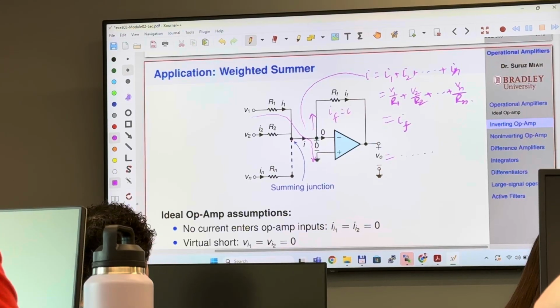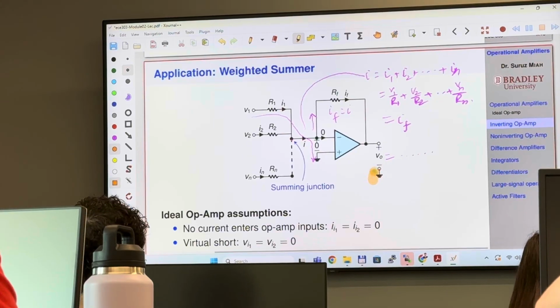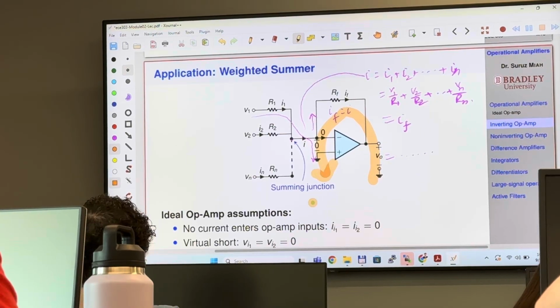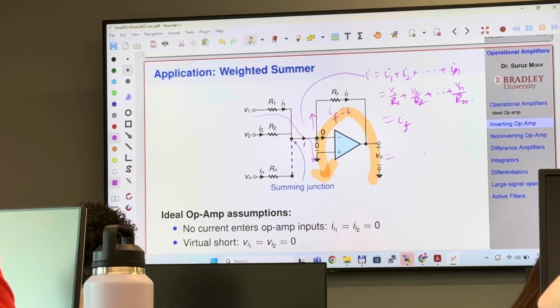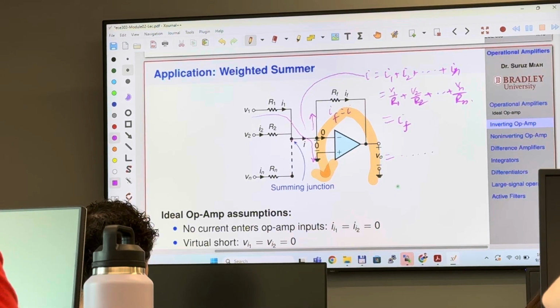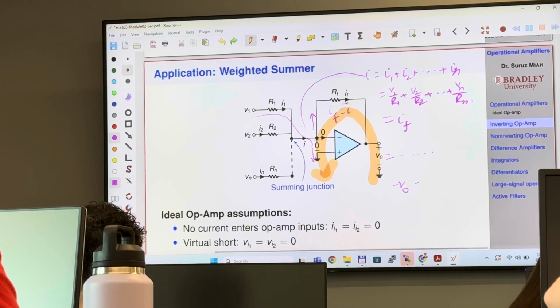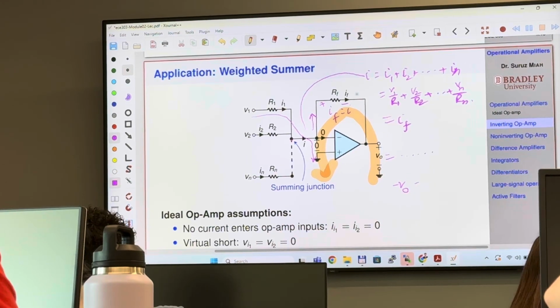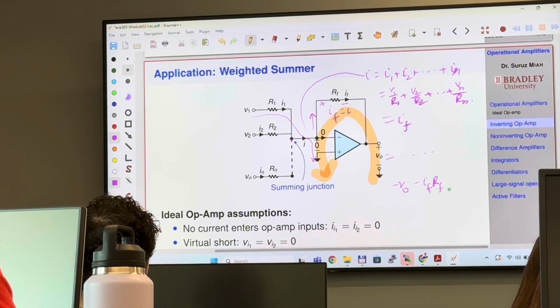Now you apply KVL in the output loop. If you apply KVL in this loop, you see that negative V0 equals, with the current direction I get here, this is negative, this is positive. It is going to be negative of voltage across RF, which is I_F RF. And this is 0, so this is going to be 0.